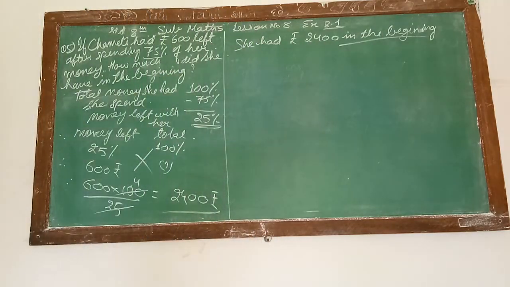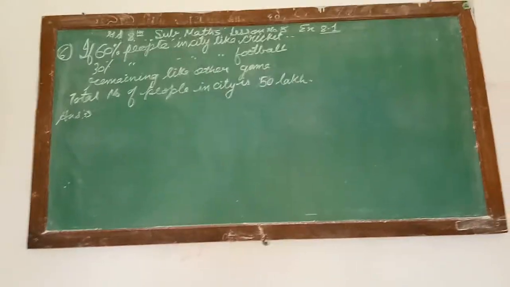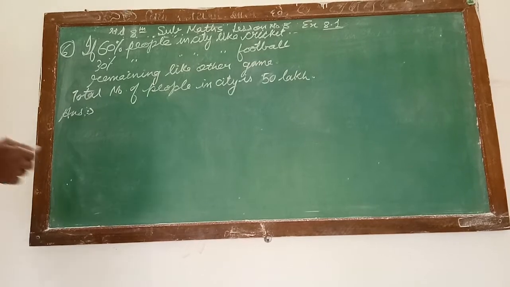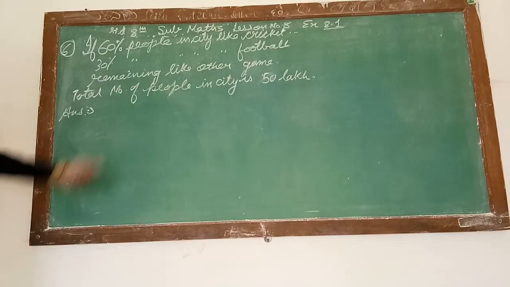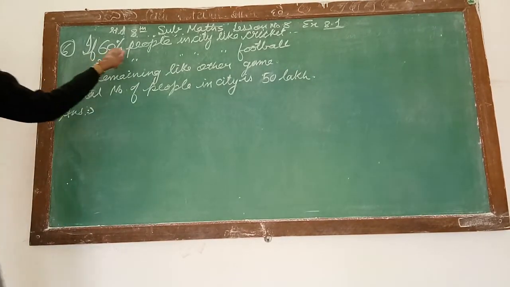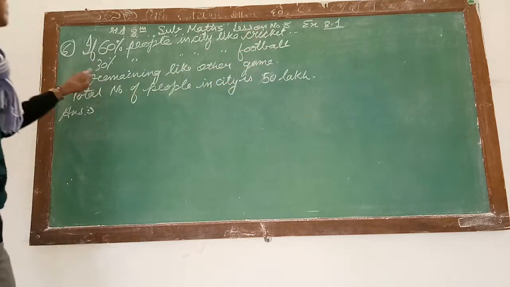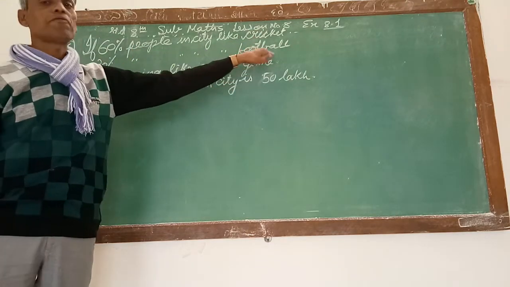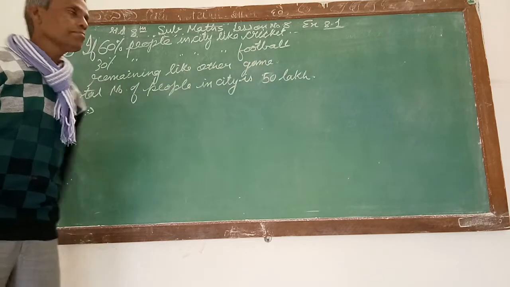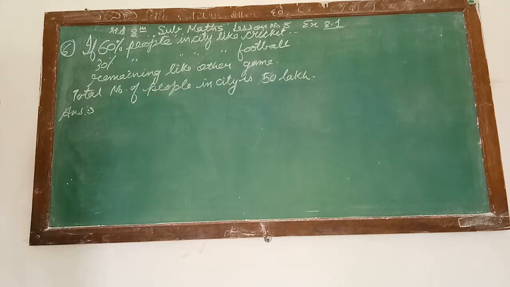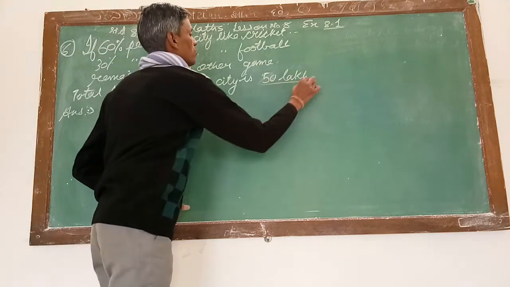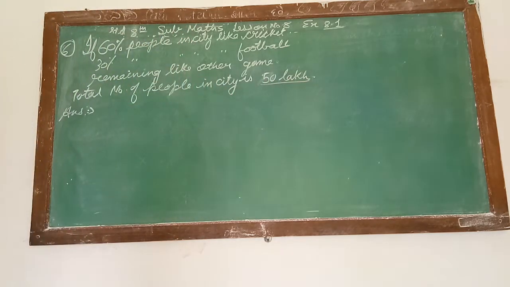Okay. Now the next question, the 6th question, I am explaining. Now students, 6th question, the last question of this exercise 8.1. If 60% of people in a city like cricket, 30% of people like football, and the remaining like other games, and the total number of people in the city is 50 lakh, find the exact number who like each type of game.